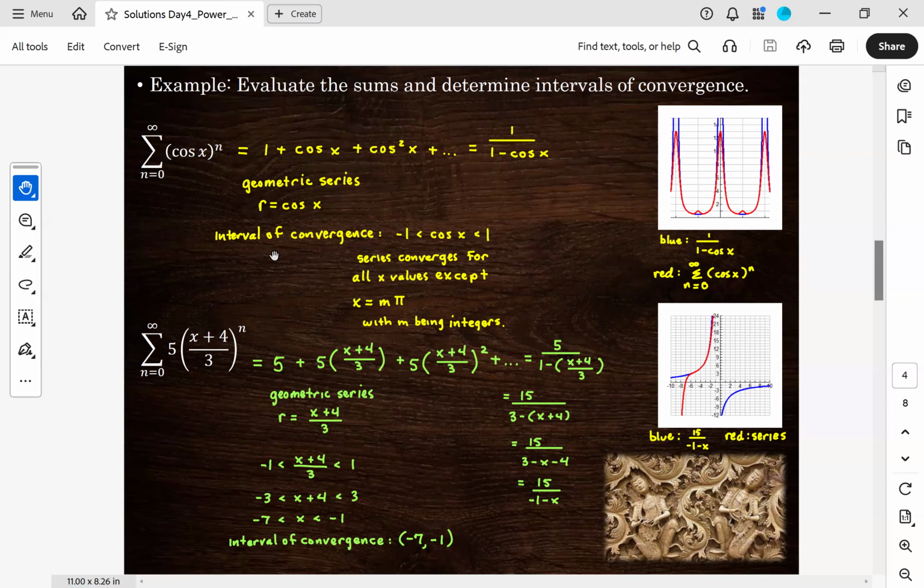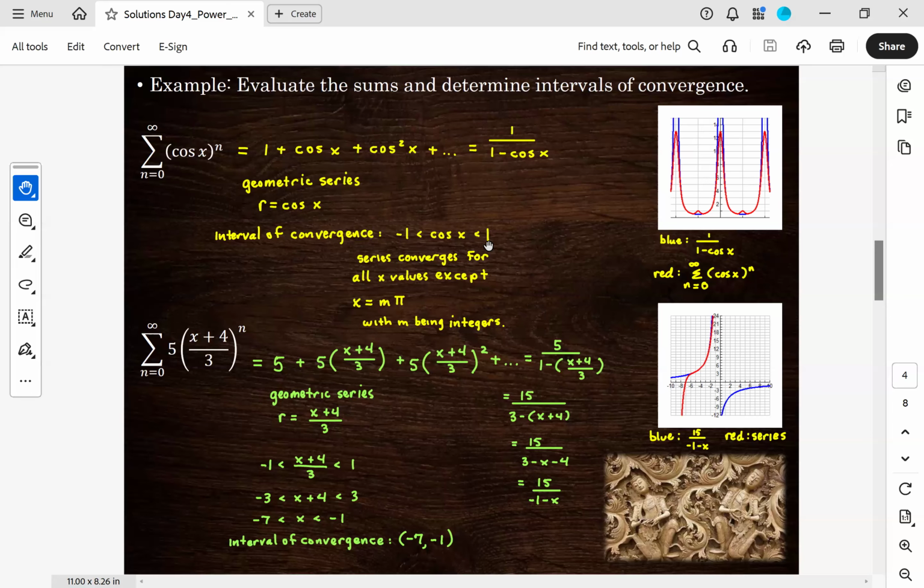Okay. Interval of convergence, where does it work? Well, we need cosine of x to be between -1 and 1. And if you remember your trig, you know that cosine is always between -1 and 1. Well, except for the occasions where cosine is exactly equal to -1 or 1.